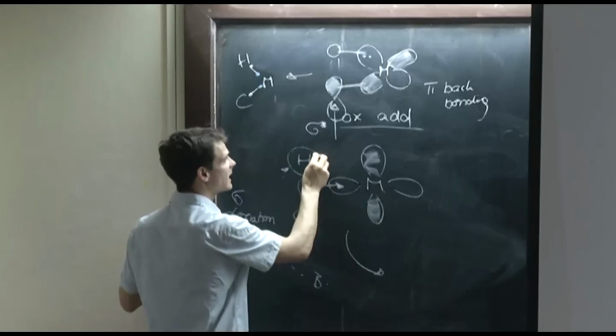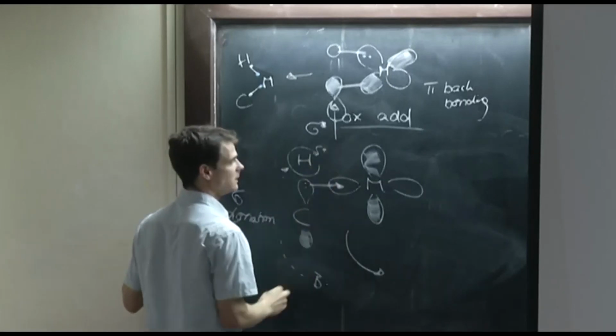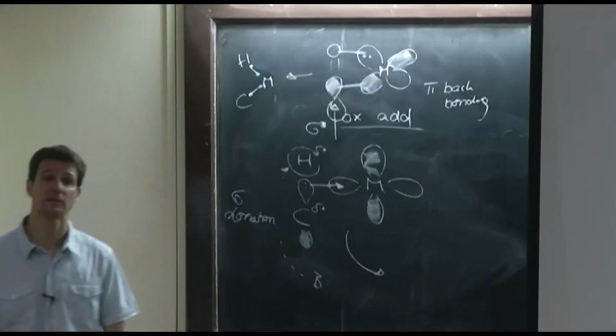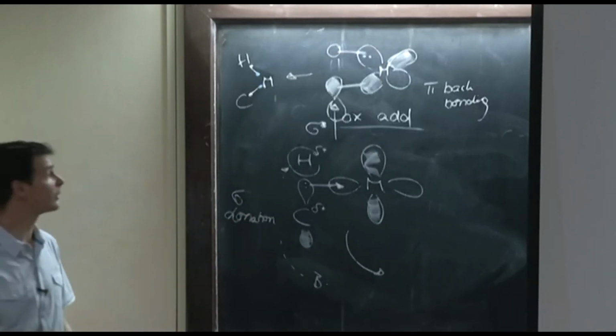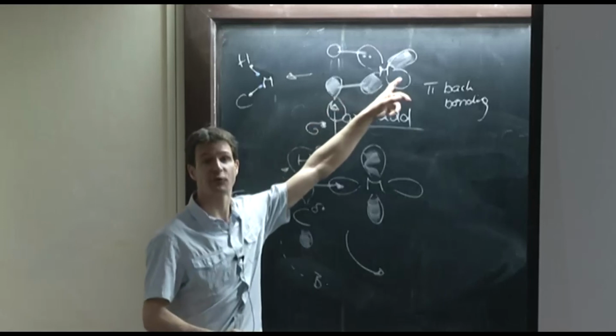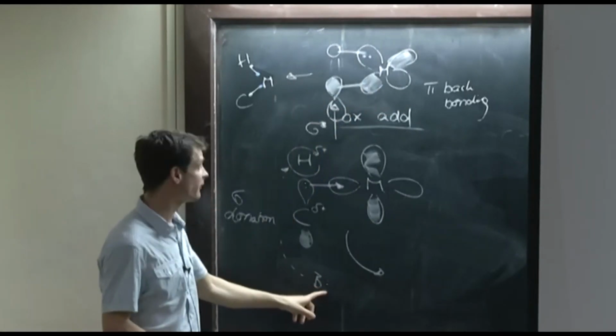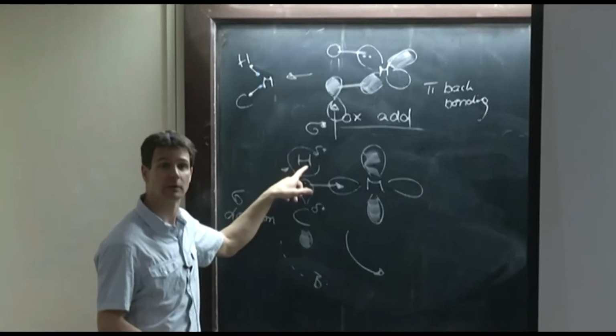So with this interaction, we make both here more electropositive, because there's less electron density. Here, the electrons stem from the metal. Here, the new electrons stem from an external additive.